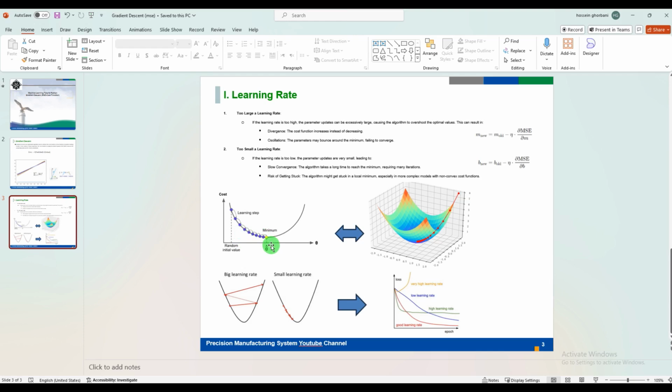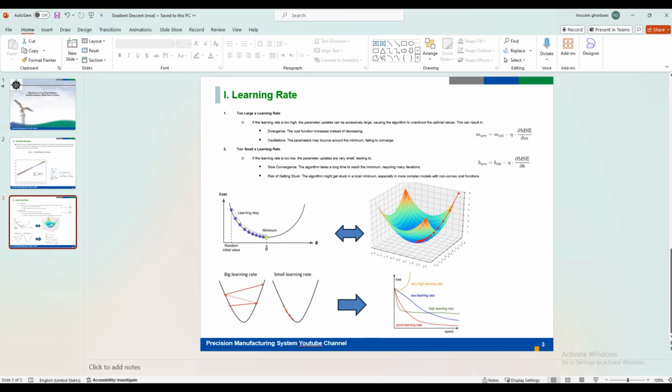The slope is described by drawing a tangent line. For example, for this point, it's necessary to draw a tangent line to the graph at the point. So if we are able to compute this tangent line, we might be able to calculate the desired direction to reach the minima, I mean this minimum point.